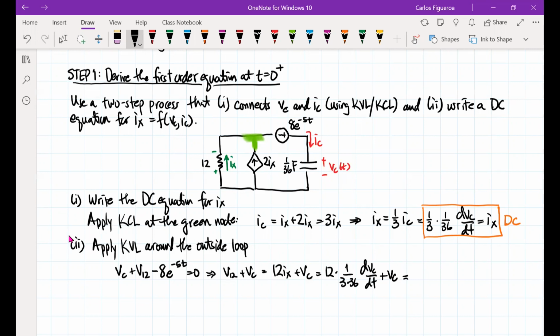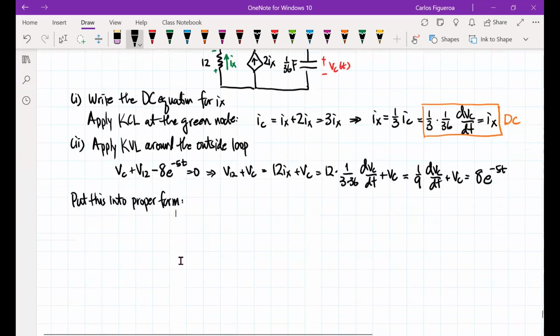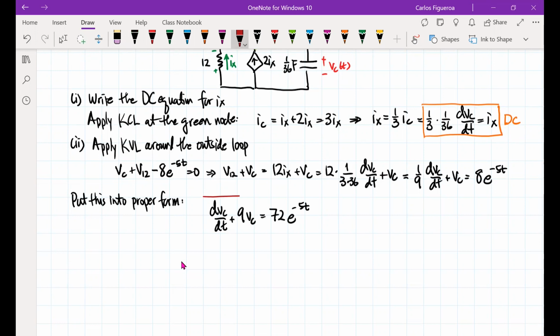So therefore, this really gives me 1/9 dV/dt plus VC, and then finally 8e to the minus 5t. Now I'm going to put this into proper form. So I now have an equation that reads dV/dt plus 9V equals 72e to the minus 5t. So this is my first order equation right here.